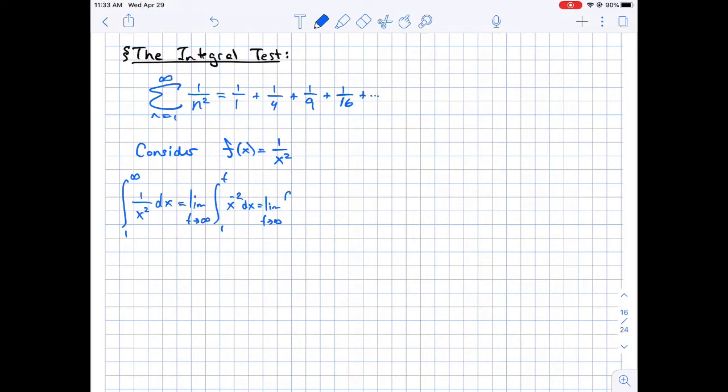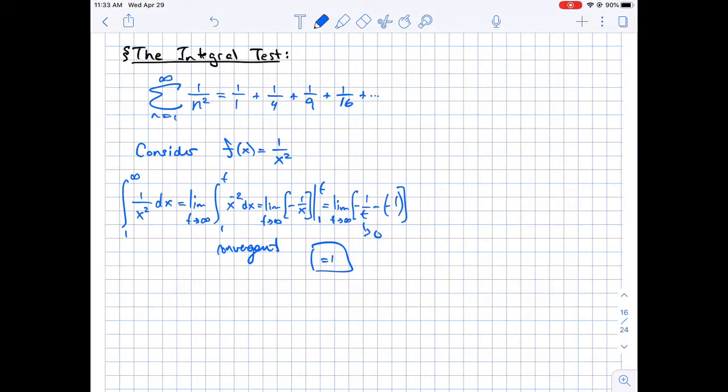So we have minus 1 over x from 1 to t, and if I plug everything in, I get the limit as t approaches infinity of minus 1 over t minus 1. And this part here goes to 0, so the whole thing is just going to be equal to 1. In particular, it's convergent, but in this case, it actually goes to 1. All right, so that's fine.